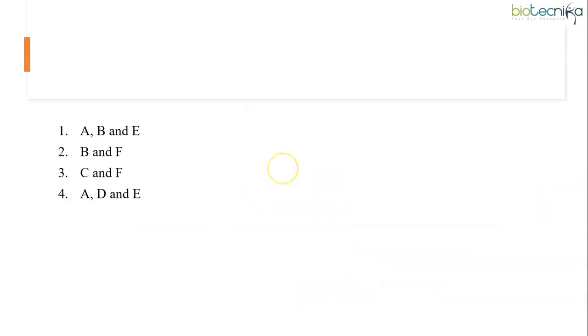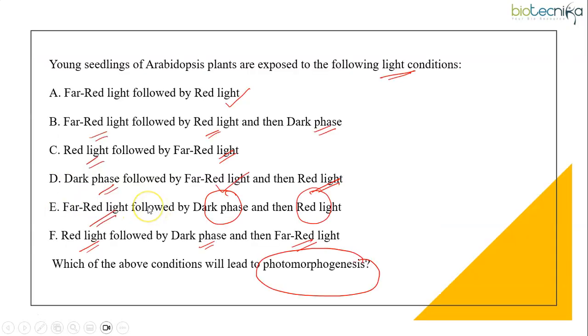So they will provide you with some combination options. The correct answer over here is option 4, statements A, D and E. This question is basically related to the experimental condition with respect to seed germination, focusing on red light and far red light.